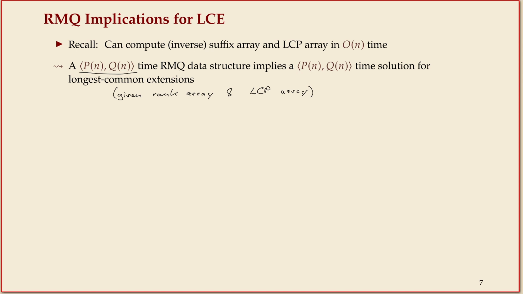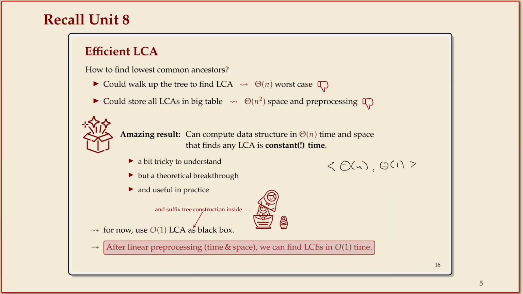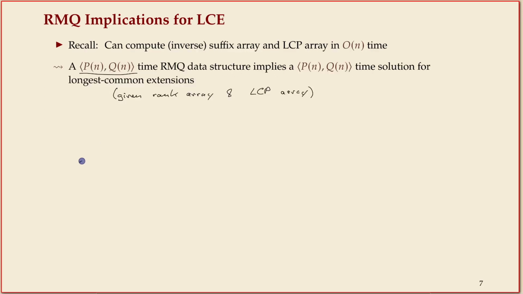So if you remember what we wanted, the claim here was we can do it with linear preprocessing and constant query time. That would be the final goal for the range minimum query problem. And you can compare that to what your guess was, what might be possible.